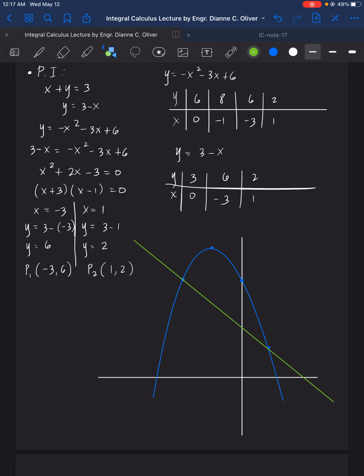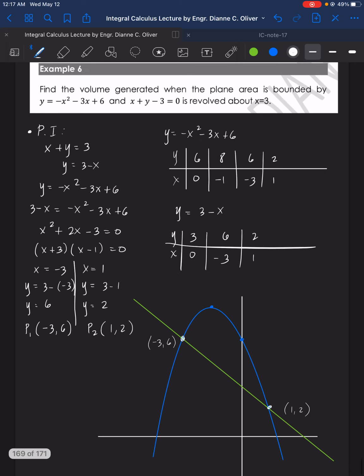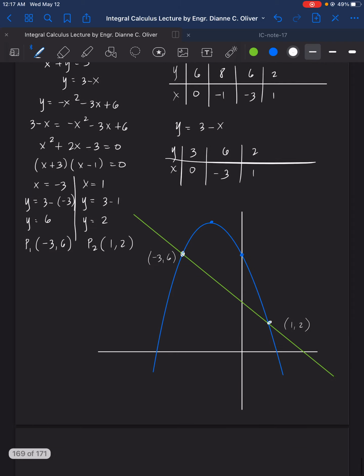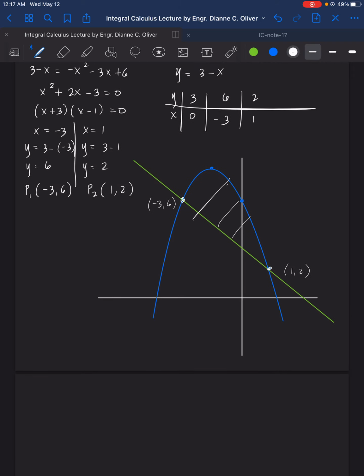This is point negative 3, 6 here, and then this is point 1, 2. And the problem says the plane area bounded by the curve and the line. So this is what we are going to consider.